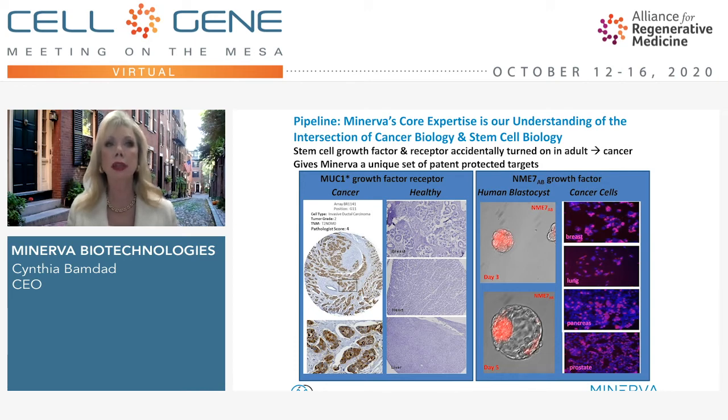binding on healthy tissues. Now, if you look at the panel on the right, we're showing NME7, the oncoembryonic growth factor. And here we're showing a photograph of a day 3 human blastocyst. You can see every cell is staining positive for the secreted form of the oncoembryonic growth factor NME7.